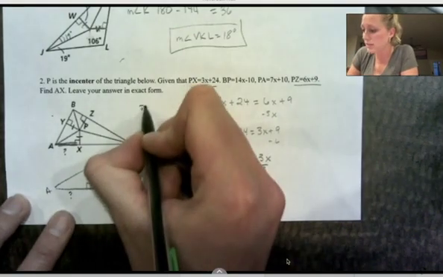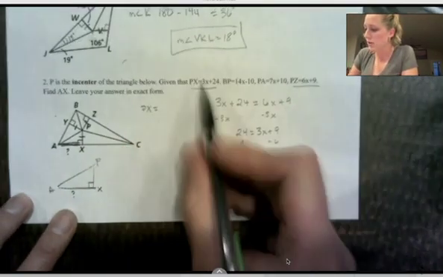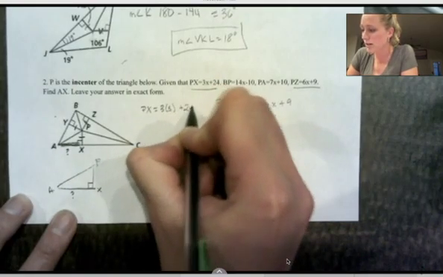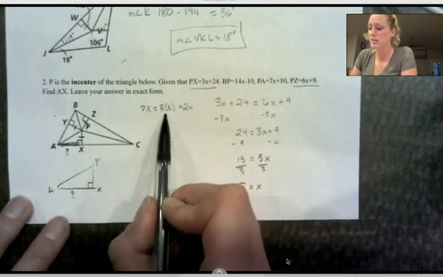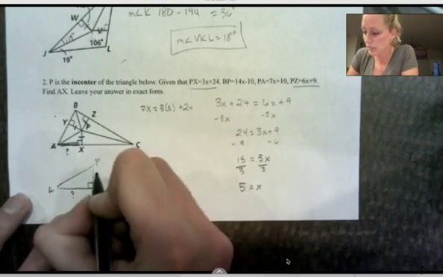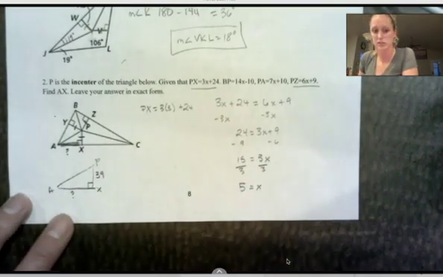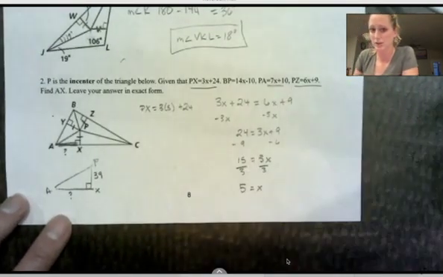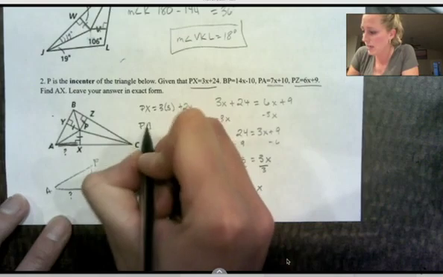PX, well, PX I had right here. So PX, I know x is 5, so 3 times 5 plus 24. So let's see, we got 15 plus 24 is 39. So PX is 39. AP, I also had an expression for, or PA.